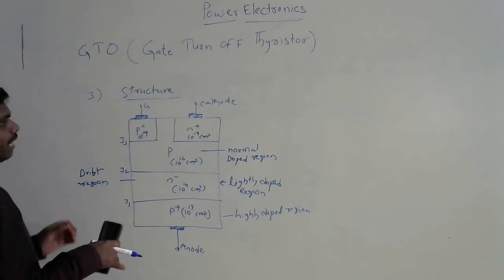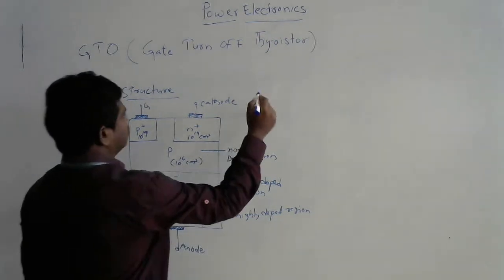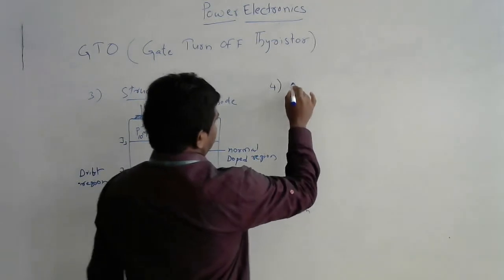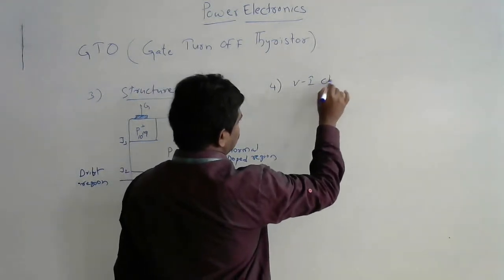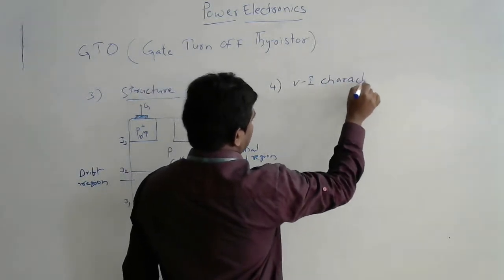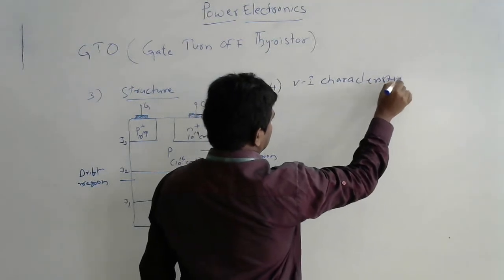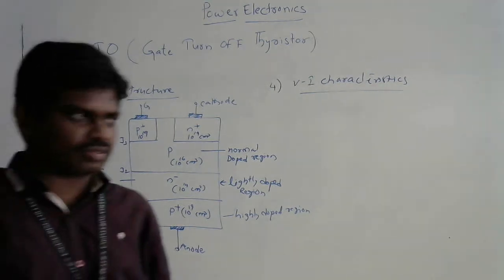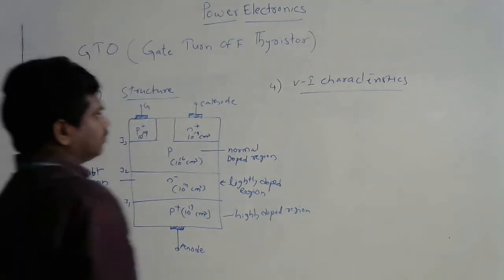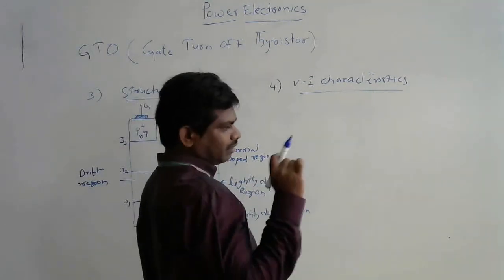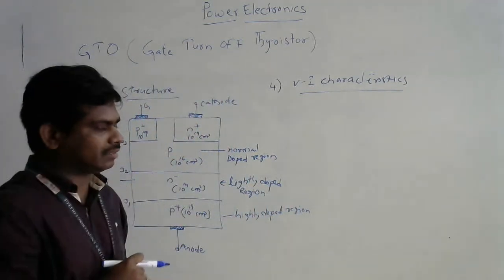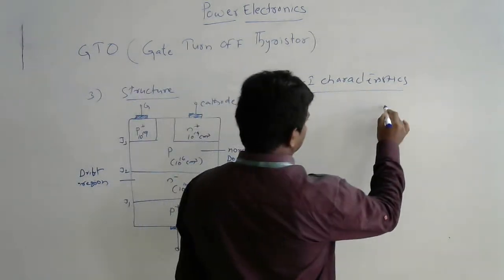the VI characteristics of GTO. When you know the characteristics of SCR, they are almost the same, but there is a little difference, just about 10% difference between SCR characteristics and GTO characteristics.